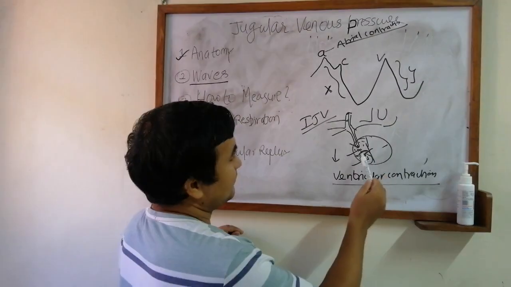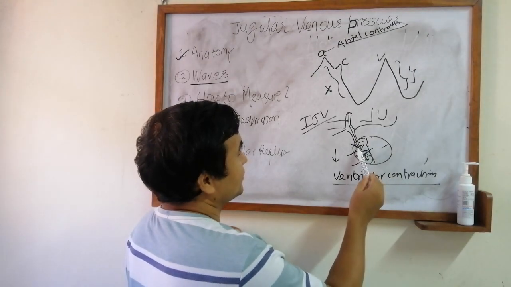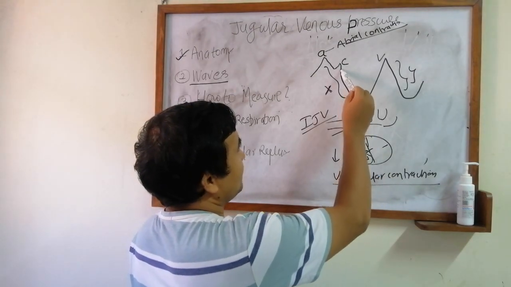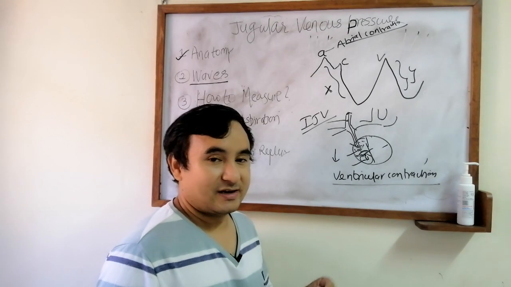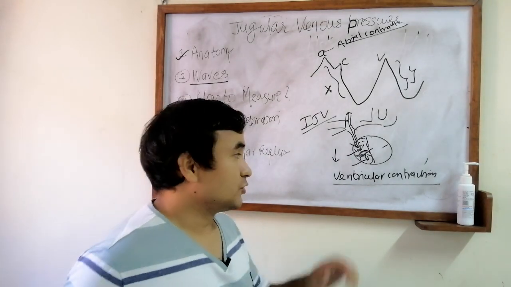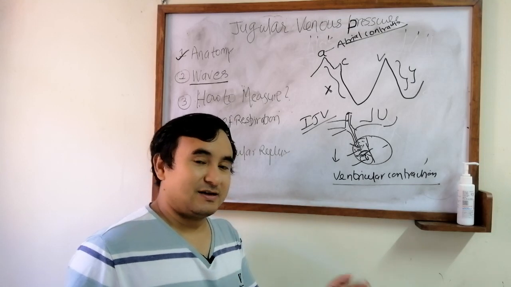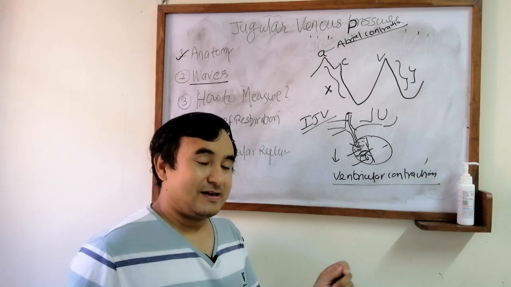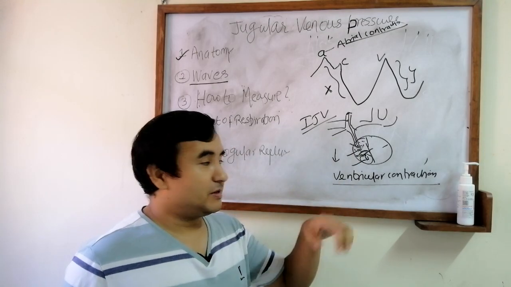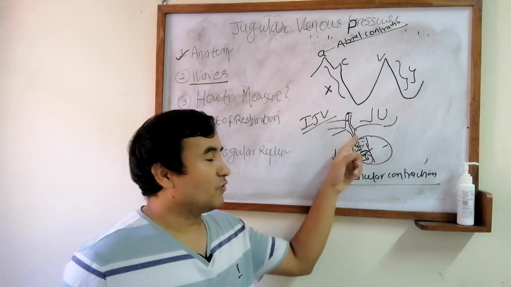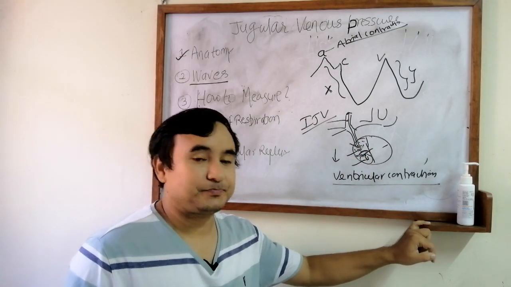When it takes the C-shape, it will again increase the right atrial pressure. That's why there is a slight positive deflection here. That is the C wave. So the C wave is because of the ventricular contraction that results in the bulging of the tricuspid valve over the right atrium.